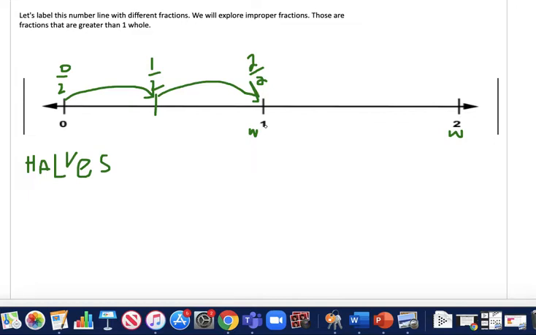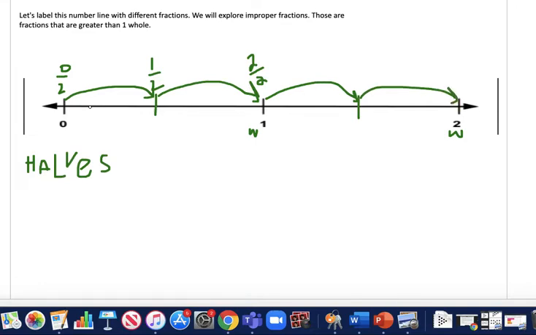And we know that 2 halves is equivalent to 1 whole. But now, going beyond 1 whole, we're still working with halves. So between 1 whole and 2 wholes, I'm going to make 2 equal parts. So I split it right in the middle. Boom. 1 equal part and 2 equal parts.